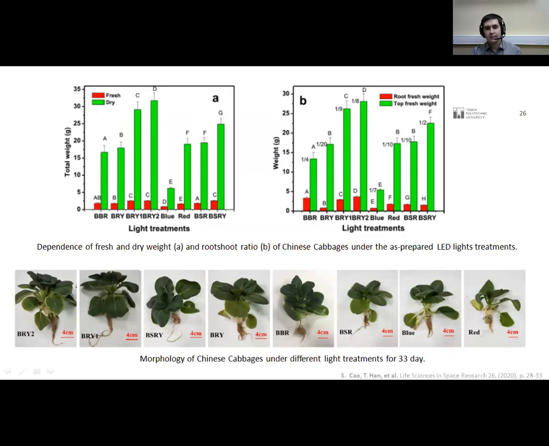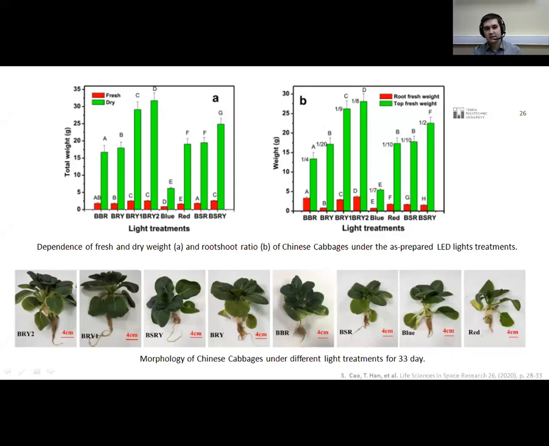Then the fresh and dry weight was estimated. The root-shoot ratio has also been introduced, and it is also an important parameter. As you can see on the slide, the different emissions of LED lights with different phosphor compositions really direct some morphogenesis of this plant.